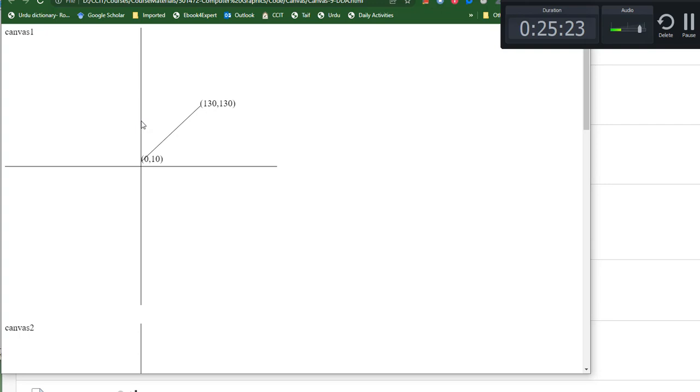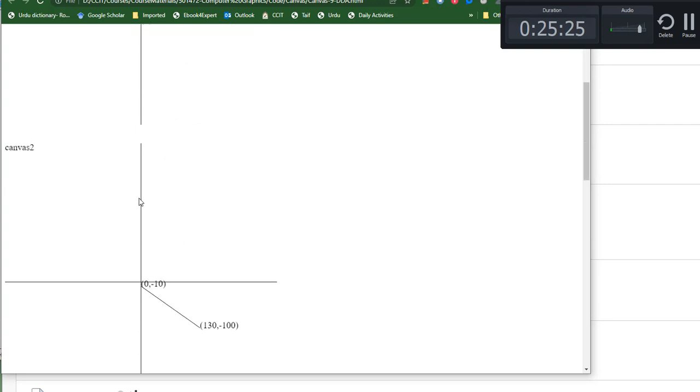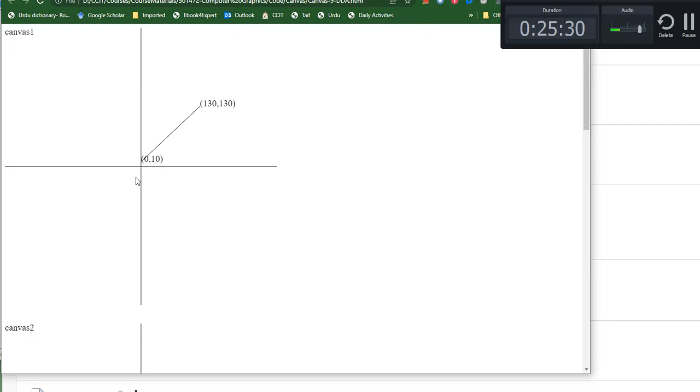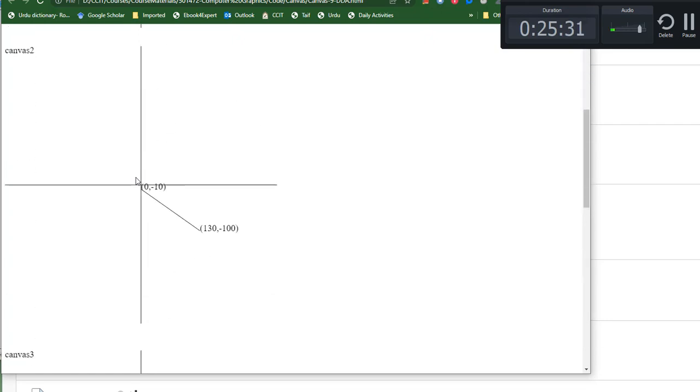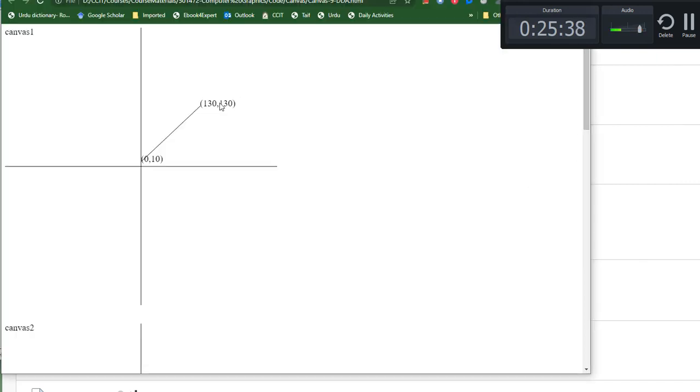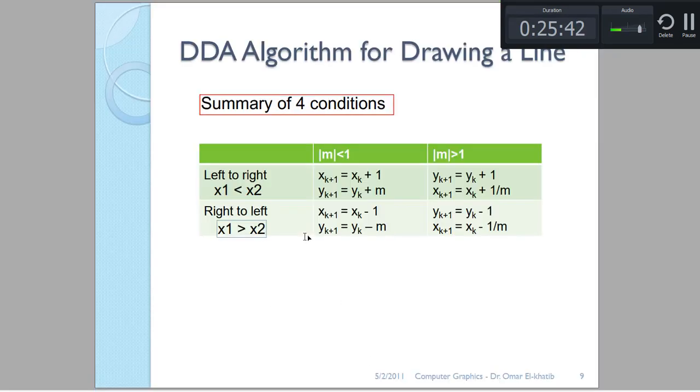That's why I just use 4 different canvases in a single page, and you can see that I have drawn 4 different lines. So this is how it works. Now this was the implementation. Now we want to do it using pencil, for example, ourselves.